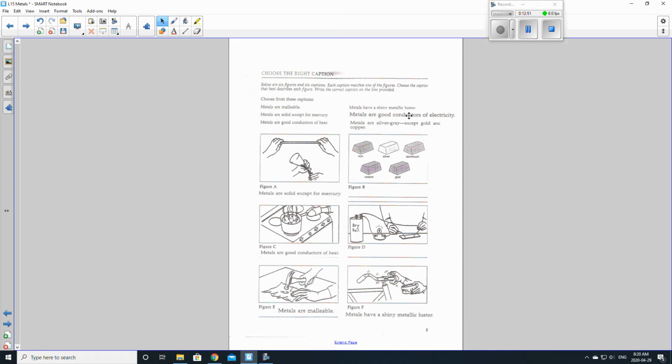Metals are good conductors of electricity. Sorry, electricity. This one is the one right here. And then all metals are silver gray except for gold and copper. So if you want to, pause this and study these pictures, that way you don't get mixed up when you do the assignment.